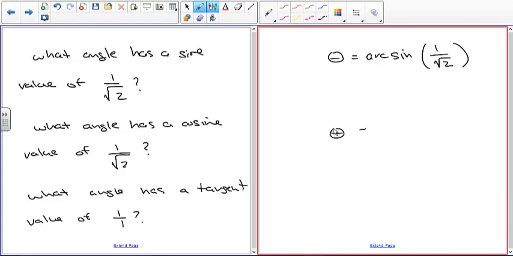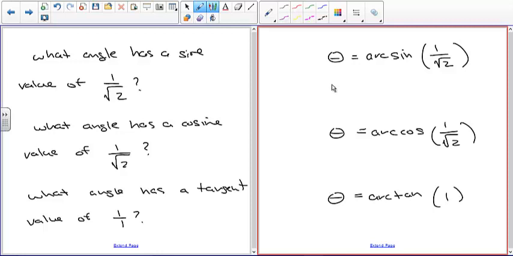Here we'd say theta equals the arc cosine of 1 divided by the square root of 2. And theta equals the arc tangent of 1. You can say the arc sine, or you can say the inverse sine. They mean the same thing, so you can use them interchangeably.